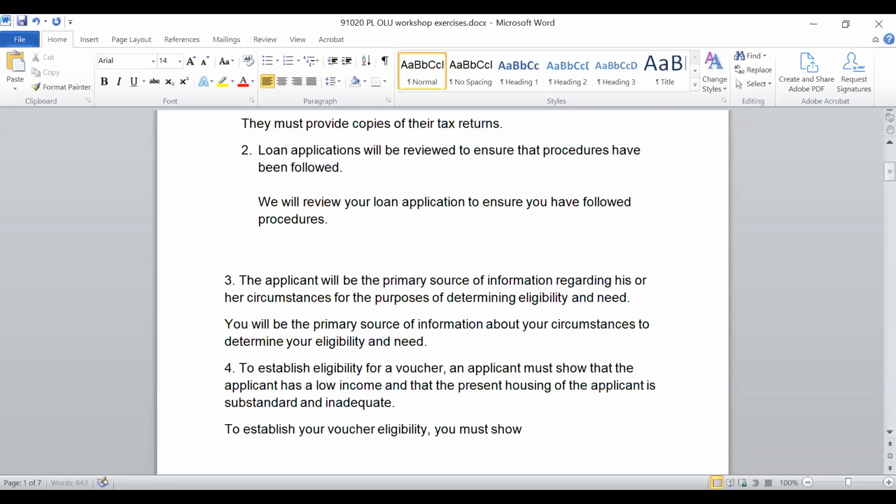You must show that you have a low income and that your present housing is substandard and inadequate.